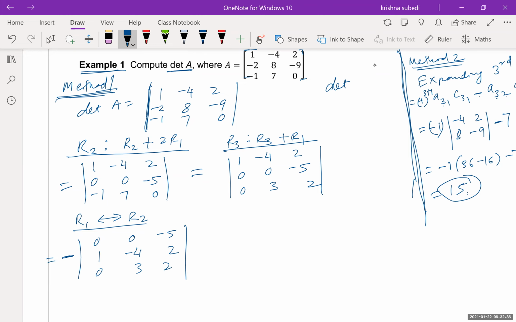All right. And now I would like you to expand this and see what happens. Expanding maybe R1. Okay, let us expand R1. So the first one will be 0, and the second one is also 0.